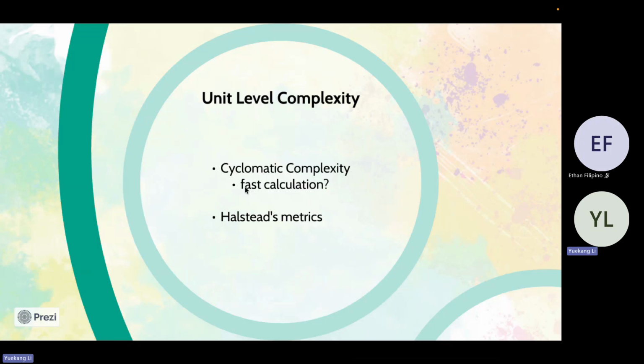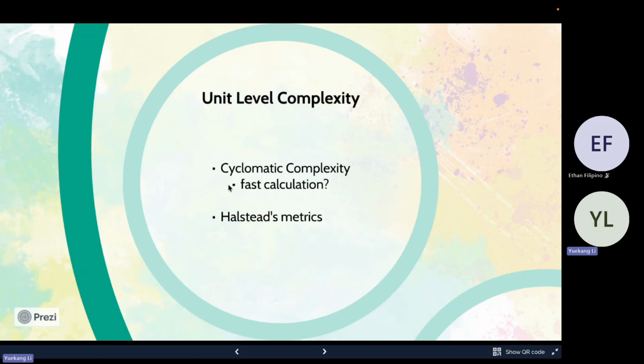We can calculate cyclomatic complexity by counting the number of special statements, like the if statements, the loop statements, the switch cases, and the number of returns. You should be able to use these formulas.